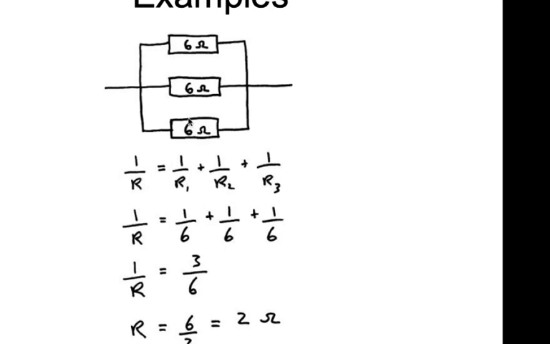As an example, we've got 6 ohm resistors, 3 of them running in parallel. So 1 over R is equal to 1 over 6 plus 1 over 6 plus 1 over 6. That gives us 3 over 6 is equal to 1 over our total resistance. But here we're looking for the total resistance, not the reciprocal of it.